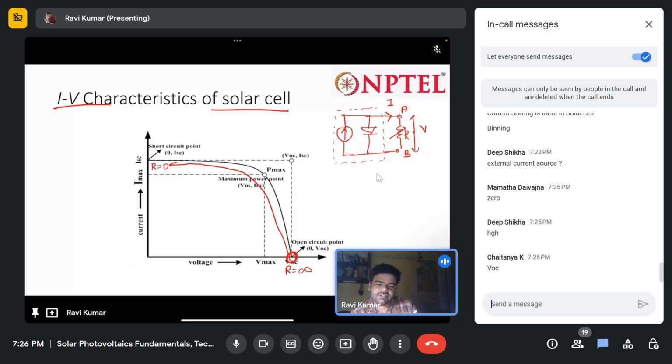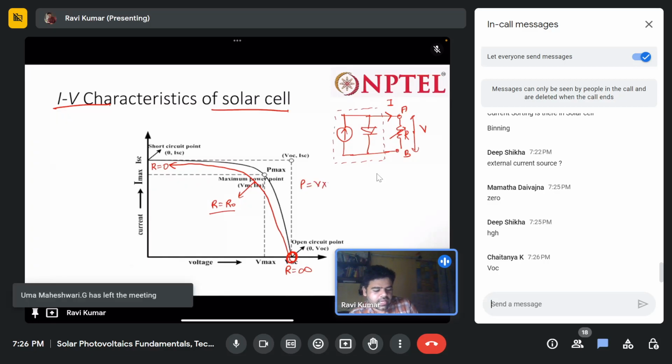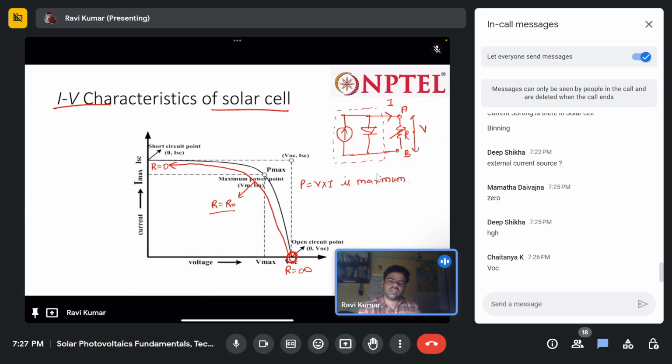There is a particular position where R is something, R naught, when this power, or we can say V into I, is maximum. This is the point where we want our solar cell to work, and this is known as the maximum power point.